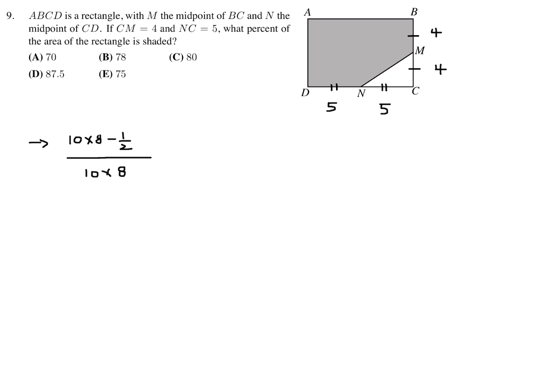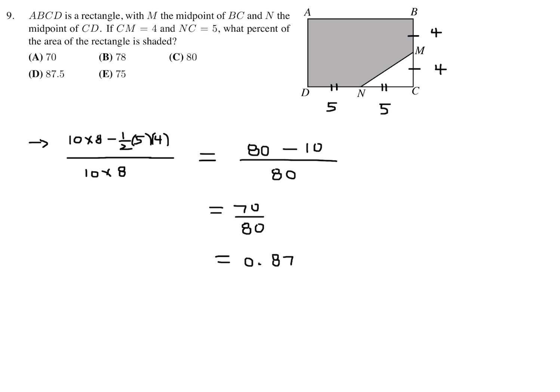So that's 1/2 base times height, like that. So this looks like 80 minus 20, all over 80. So that's 70 over 80. And as a percentage, well, as a decimal, it's 0.875, and therefore as a percentage, it would be 87.5. So number 9, the answer is D.